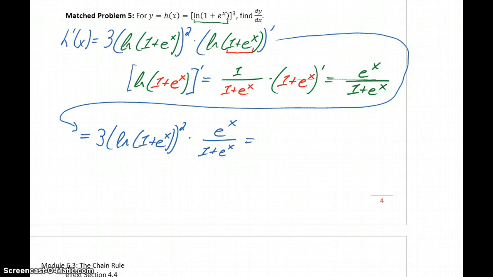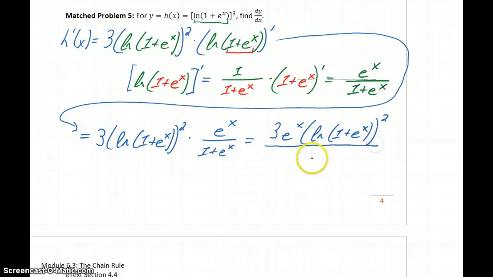And then simplifying, combining everything together, we have 3 e to the x times the natural log of 1 plus e to the x, that quantity squared, over 1 plus e to the x.